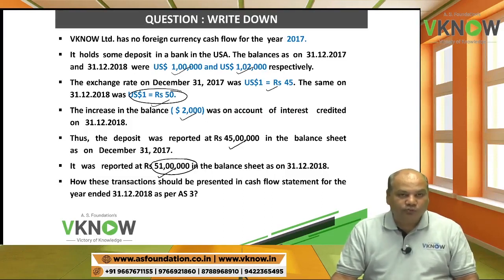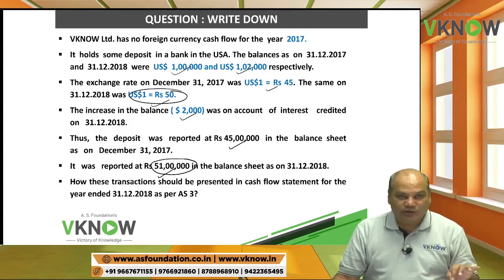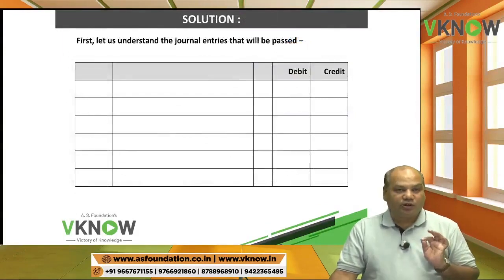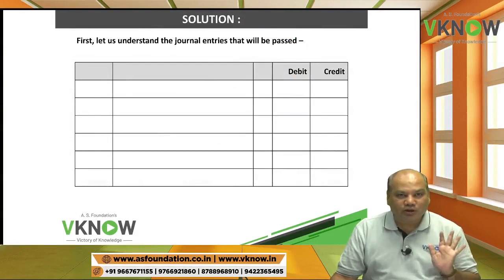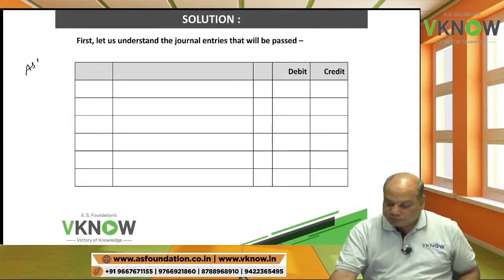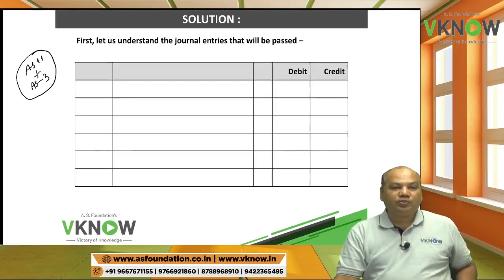So in order to make your understanding clear, although not required by the question, we will pass journal entries. We will see what has happened during the year. This question is a very good question which is a combination of AS11 and AS3, and both are in your syllabus.